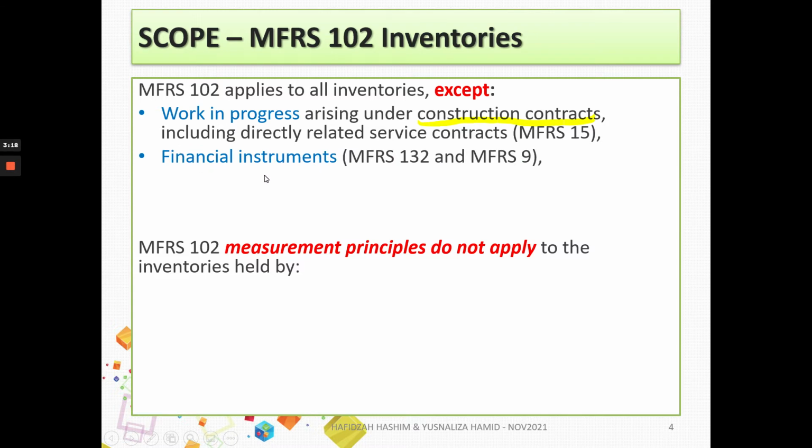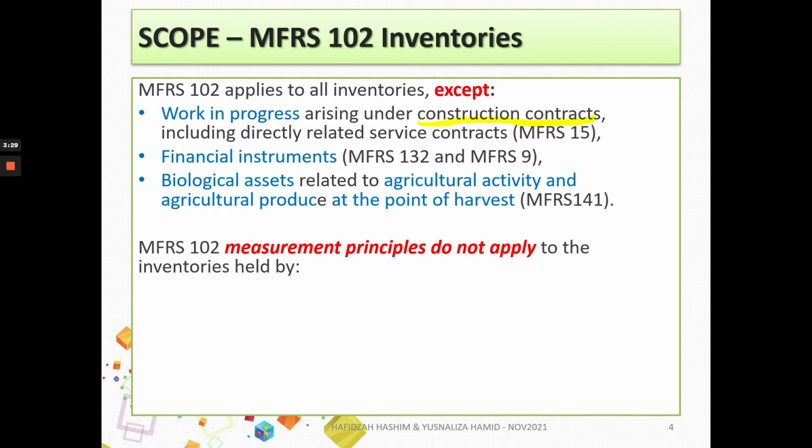Financial instruments are not within the discussion of the standards, which is actually dealt with under MFRS 132 and MFRS 9. We also will not be looking at biological assets that relate to agricultural activities and agricultural produce at the point of harvest. However, the agricultural produce after the point of harvest, which is the harvested agricultural produce, is within MFRS 102.